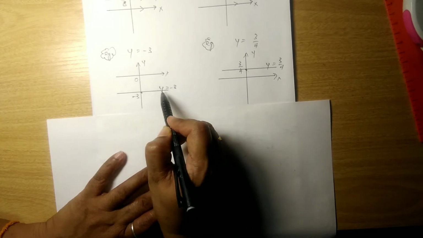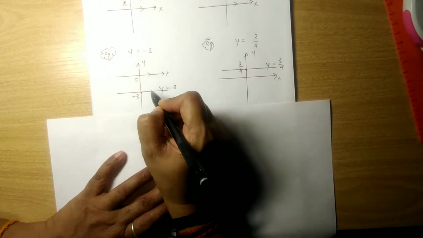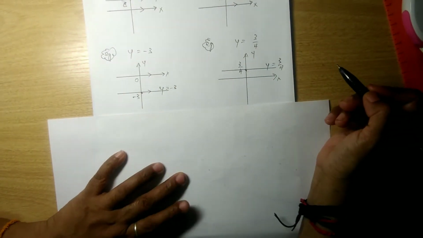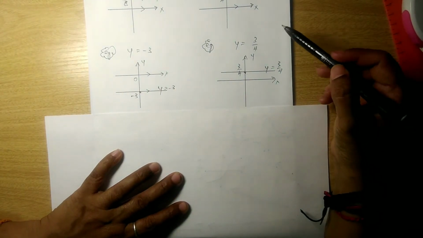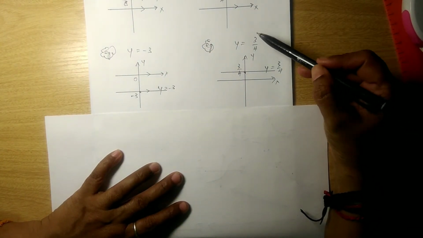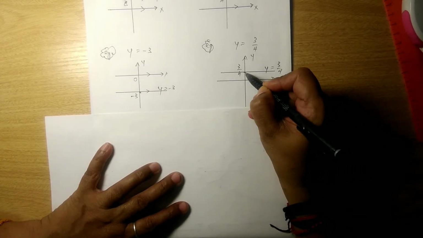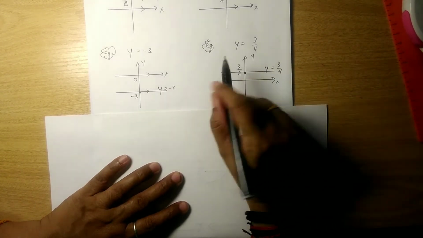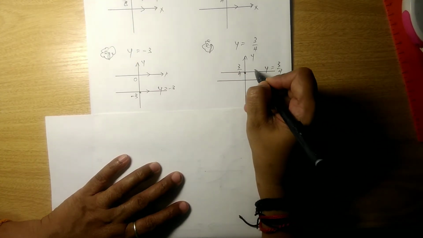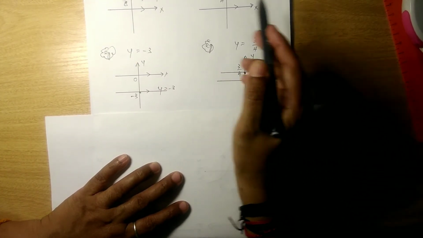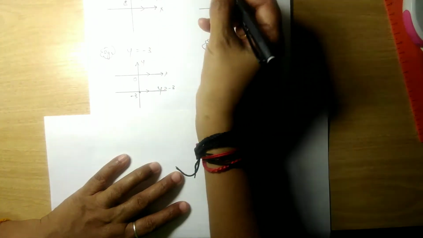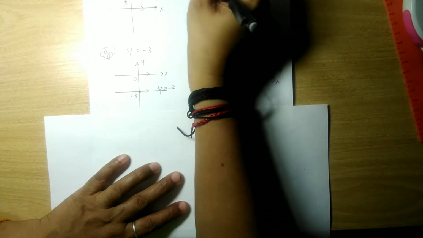You just draw a horizontal line, and this will be parallel. Next example: y = 3/4. We just mark 3/4 and draw a horizontal line. So this is the second type, when the equation is y = c and your m is 0.